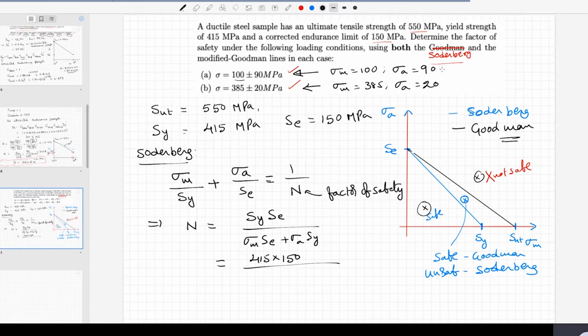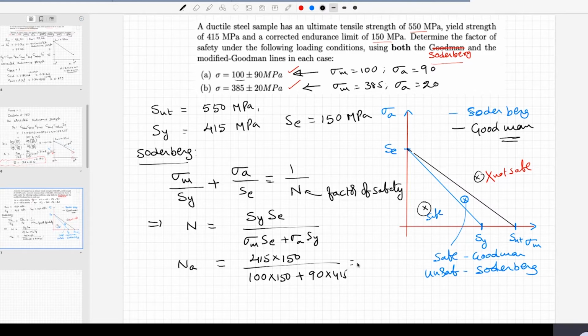Okay, so let us first look at case one. For case one, n is equal to 415 into 150 divided by sigma m, which is 100, times Se, which is 150, plus sigma a, which is 90, times Sy. So what would that value be? Let me calculate.